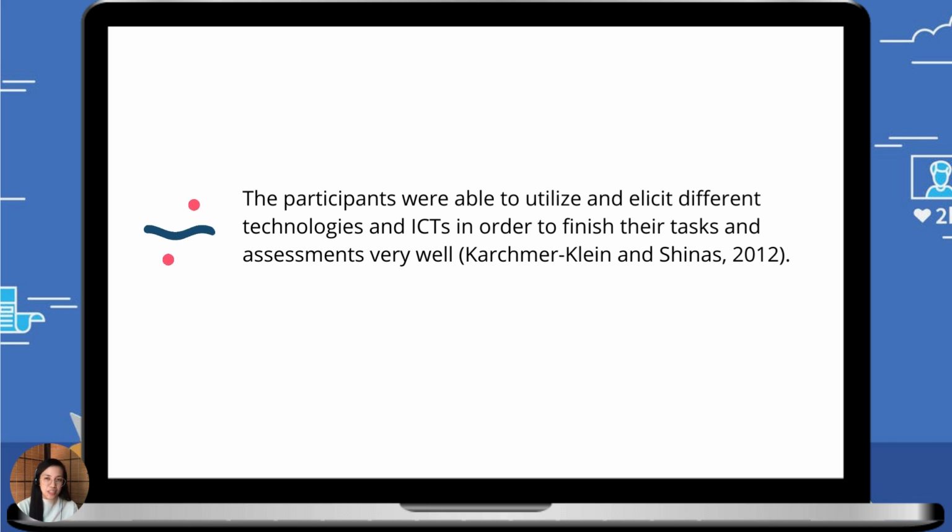The current findings in this study revealed that the participants were able to utilize and elicit different technologies and ICTs in order to finish their tasks and assessments very well. A possible explanation for this is that the nature of the assessments in the study of Koiro did not require the students to think deeply, and there were no mini activities integrated into the tasks.